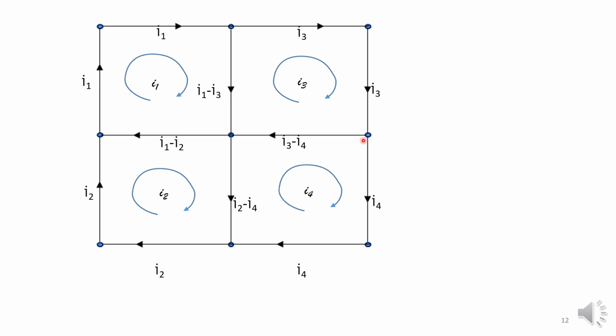And similarly, I4 will contribute I4 to this branch, I4 to this branch, minus I4 because it's against the arrow, and minus I4 because it's against the arrow here. So we can write the currents in each branch in terms of the variables I1, I2, I3, I4, etc. So it's I1, I1 minus I3, etc.